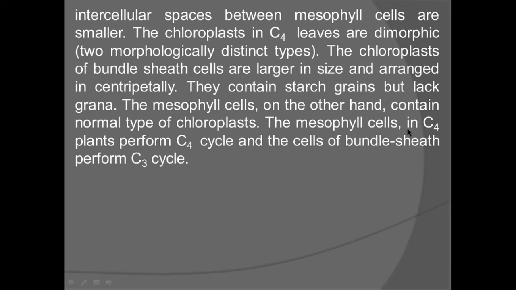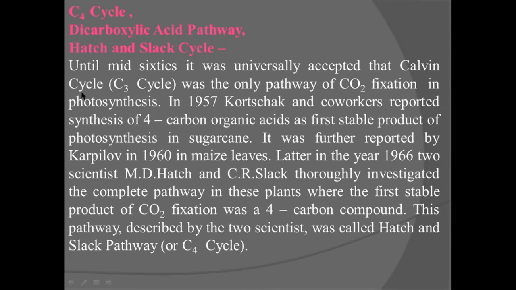The mesophyll cells in C4 plants perform C4 cycle, and the cells of bundle sheath perform C3 cycle. C4 cycle is also known as dicarboxylic acid cycle.